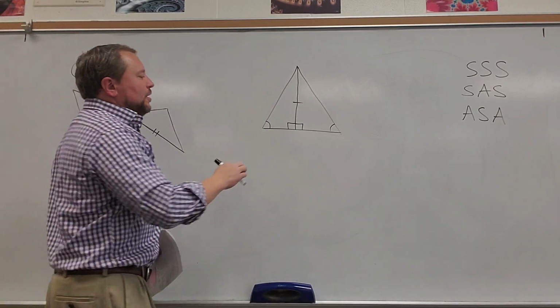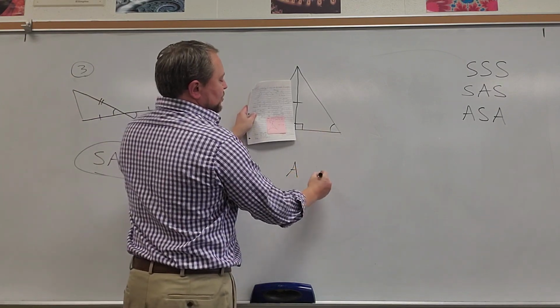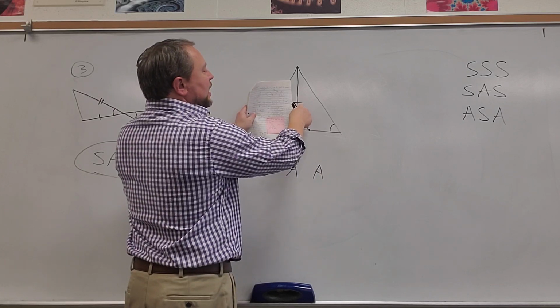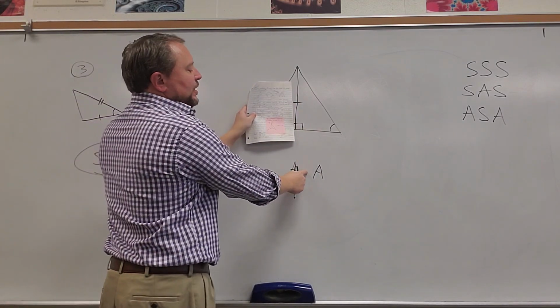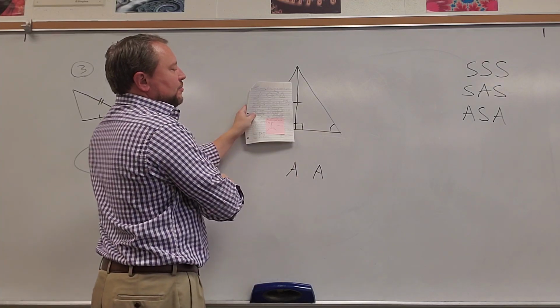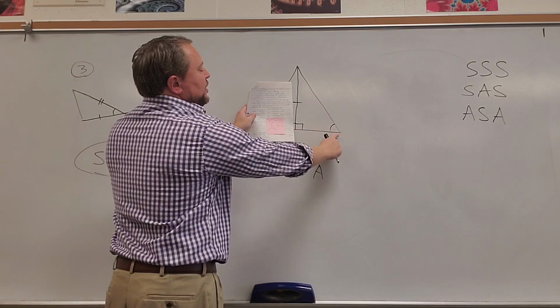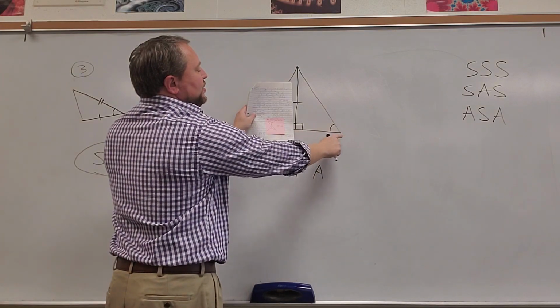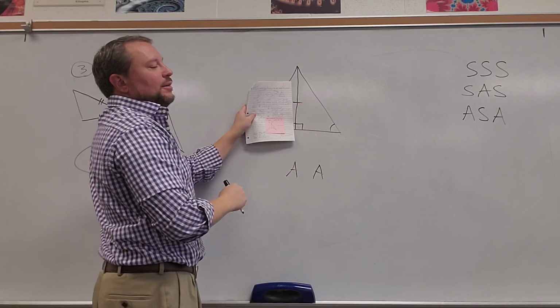So if you look up here, on each triangle I have a couple of angles and a side. The question is, is that side in between the angles or is it outside? The one side that would be in between these angles is the one that joins them, this side down here, and that is not the included side.